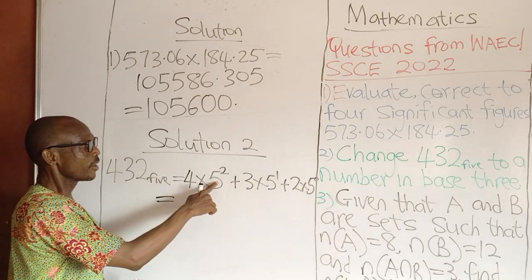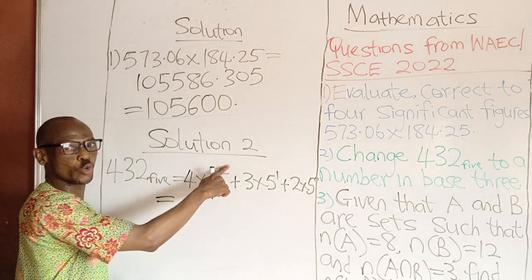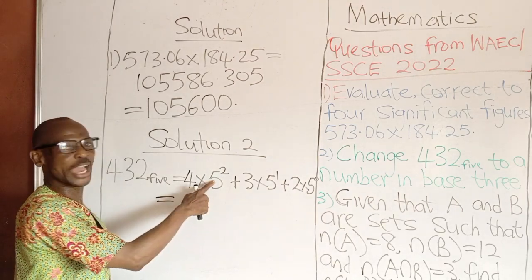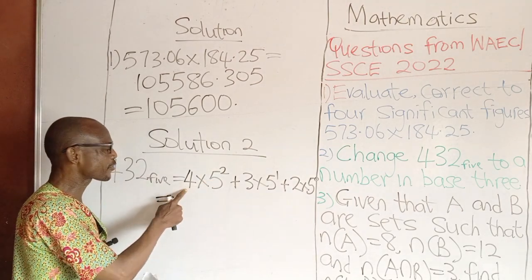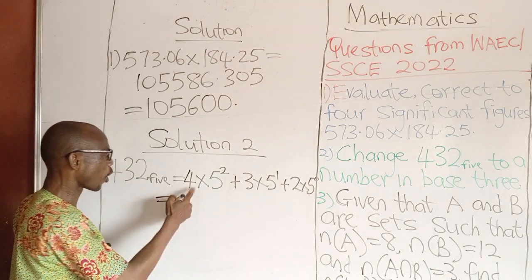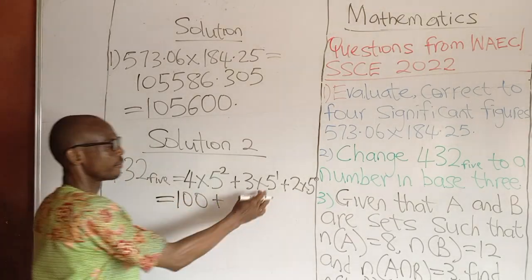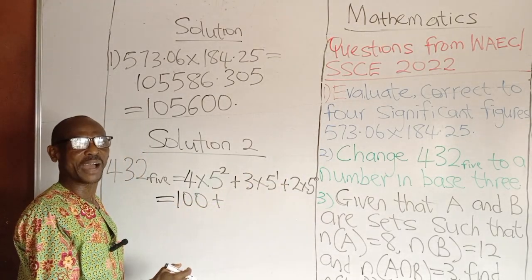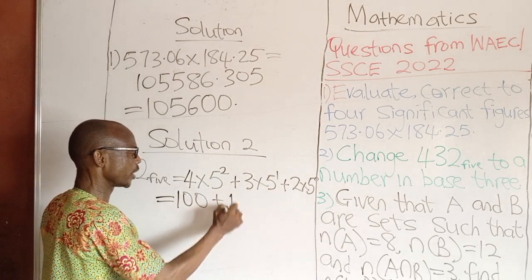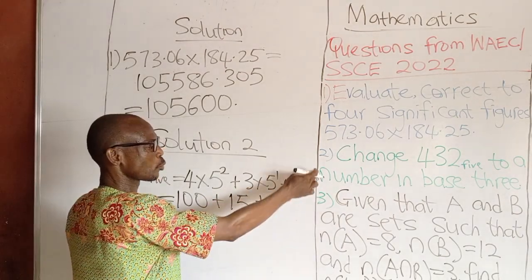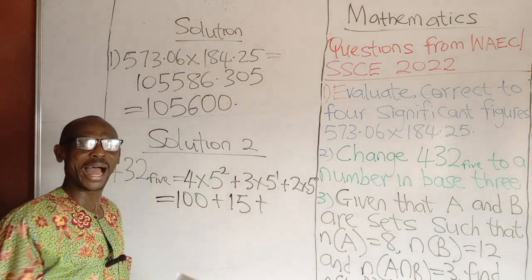What do we have? 5 raised to power 2 is 25, which means 5 times 5. So 25 times 4 will give us 100, plus 5 raised to power 1 is 5. 5 times 3 is 15. Plus 5 raised to power 0 is 1.